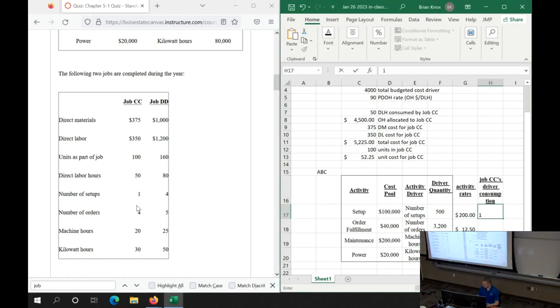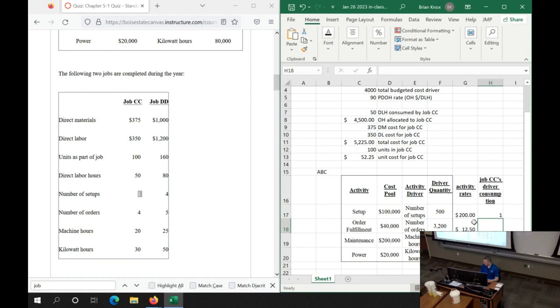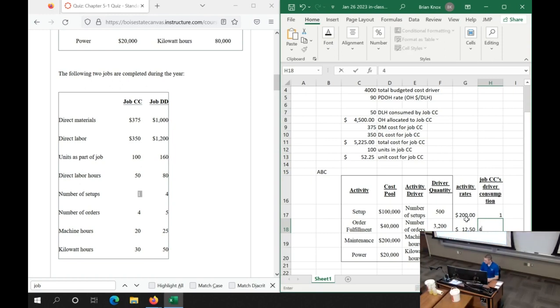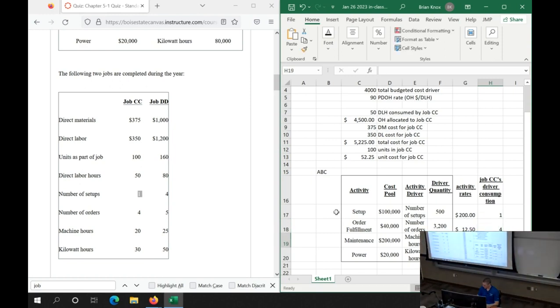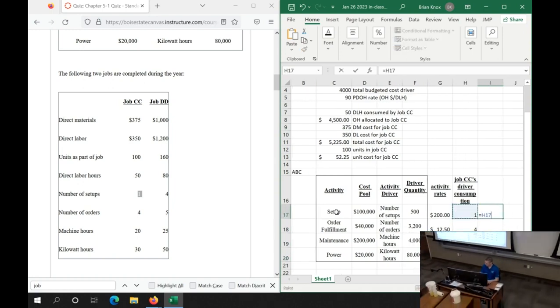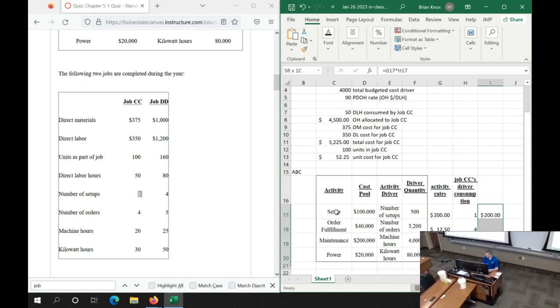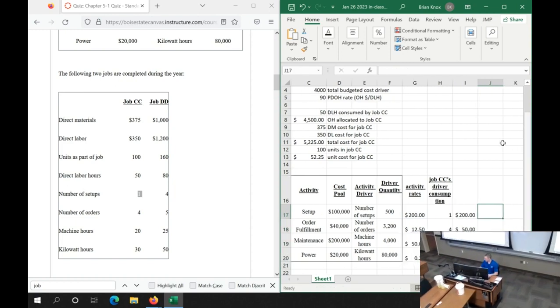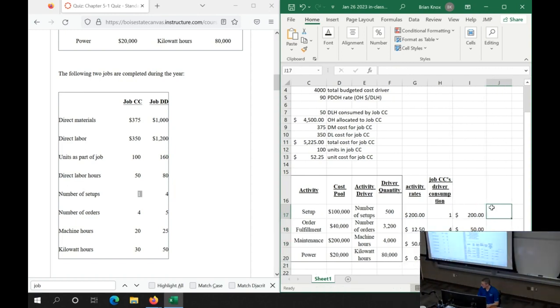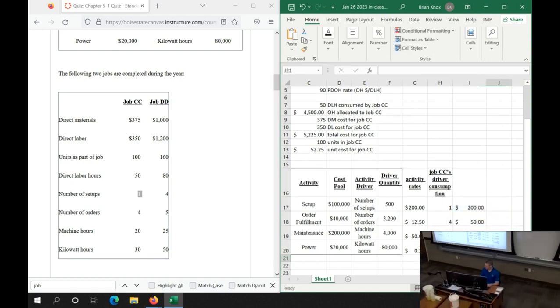So we're going to end up with one setup, just from right here, 4 orders from right below, 20 machine hours, 30 kilowatt hours. And we multiply these out. It's going to give us the overhead that's allocated.